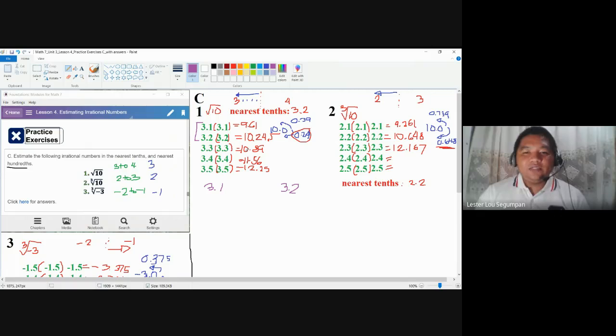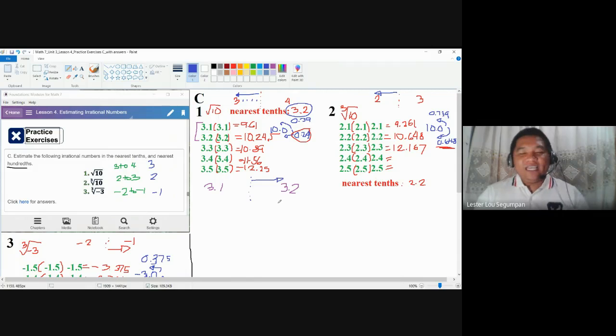The value is actually closer to 3.2, as that is the answer for the nearest tenths. As for the nearest hundredths, we are talking about the rounded off value in two decimal places. In short, we are going to pick the values in two decimal places closer to 3.2.